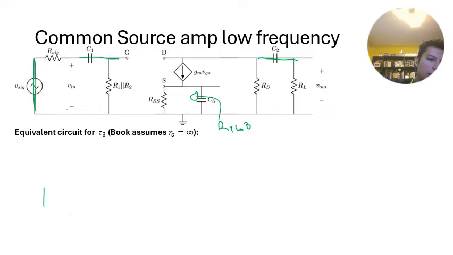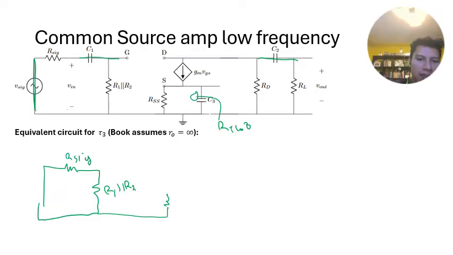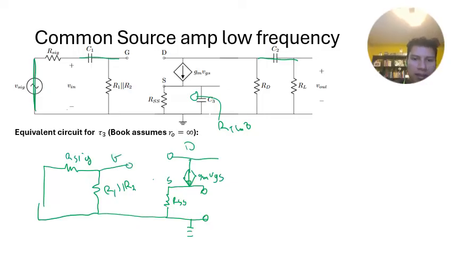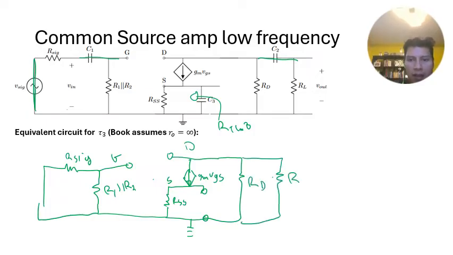This is a little bit more involved because now we have our R sig, and then we have R1 in parallel to R2, and then we have to maintain this RSS, and this is the terminal we're looking into, then ground is right here, and now we have GM VGS, and then this is our drain, this is our source, this is our gate, and then we have our RD and our RL, and this is our circuit, and we're looking for our Thevenin, looking into this terminal here.